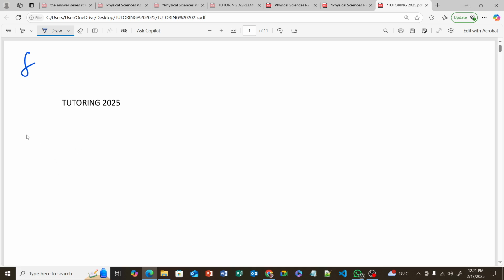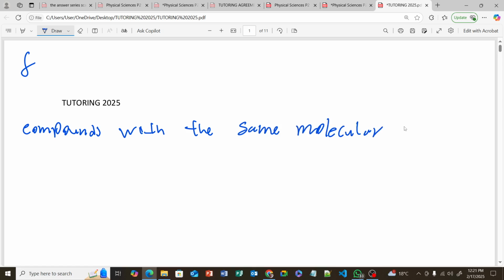A positional isomer can be seen as compounds with the same molecular formula but different positions.